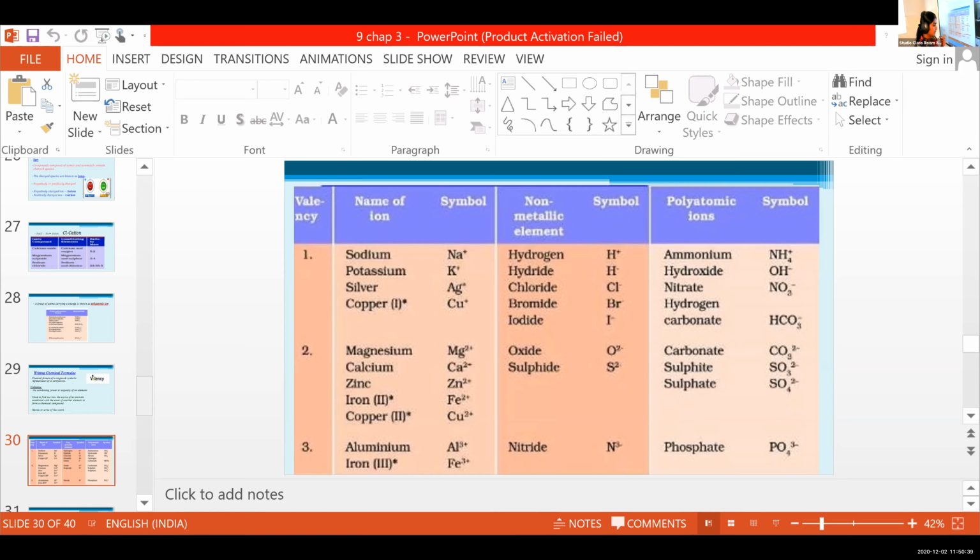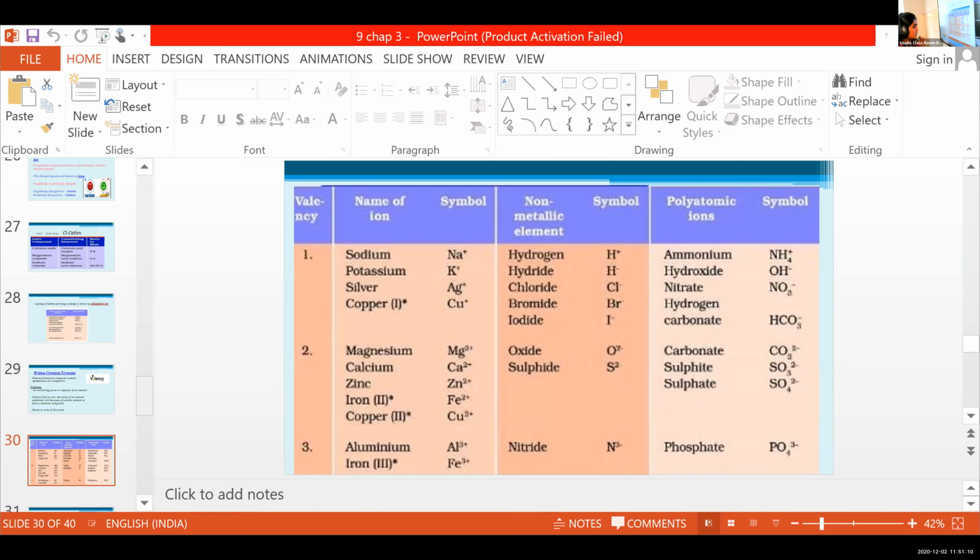Then Rizwan, read the polyatomic ions with valency 1. Ammonium, NH4 plus.